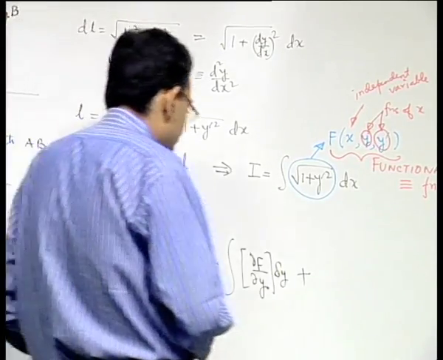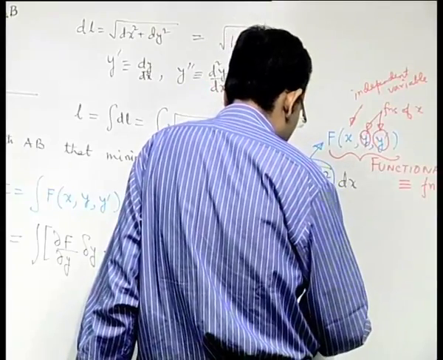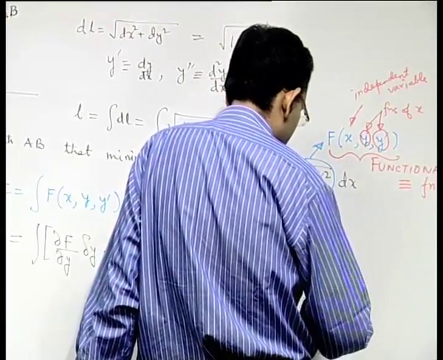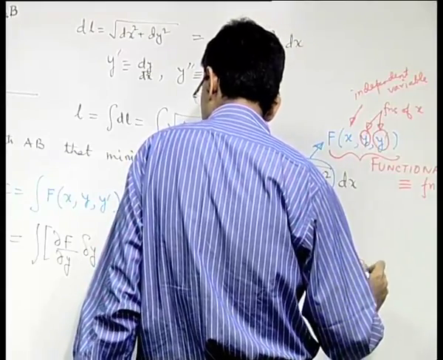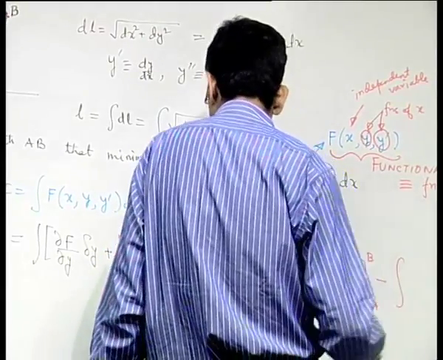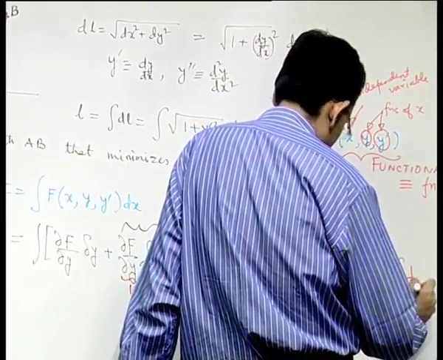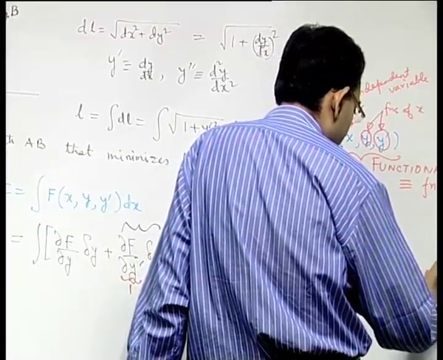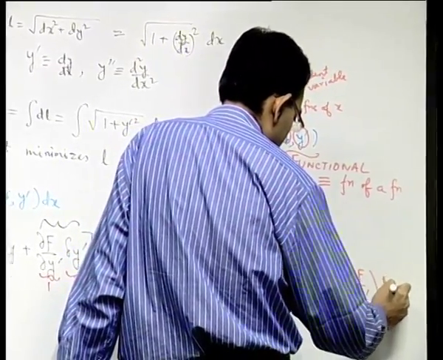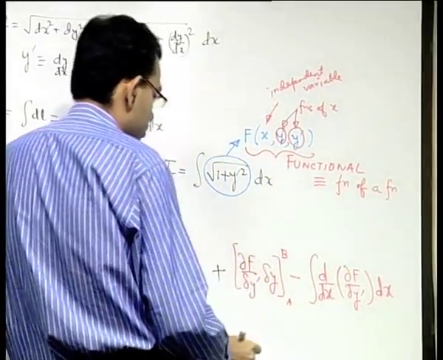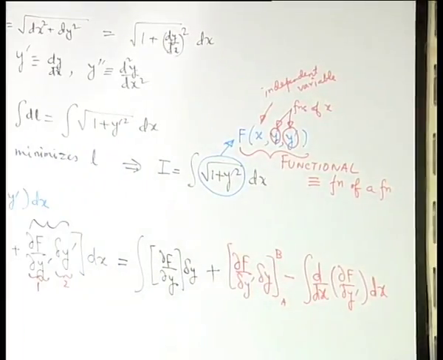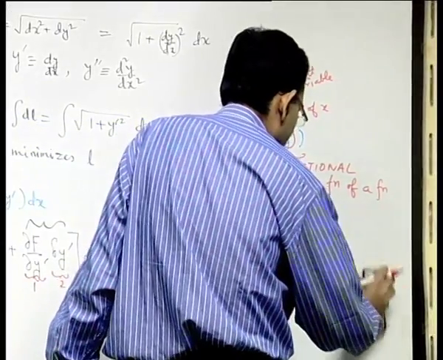So, let us write that first function into integral of the second, minus integral of the derivative of first into integral of the second. Sorry, into delta y times dx.